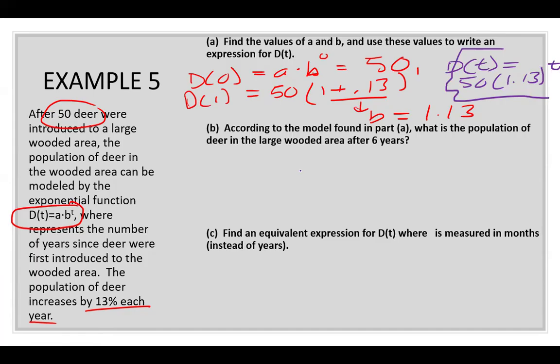Okay. So according to this model that we found, what would the population be after 6 years? Well, we're looking for D of 6, which would equal 50 times 1.13 to the 6. We would just plug that into the calculator and we get our approximate amount of deer. And what do we get?